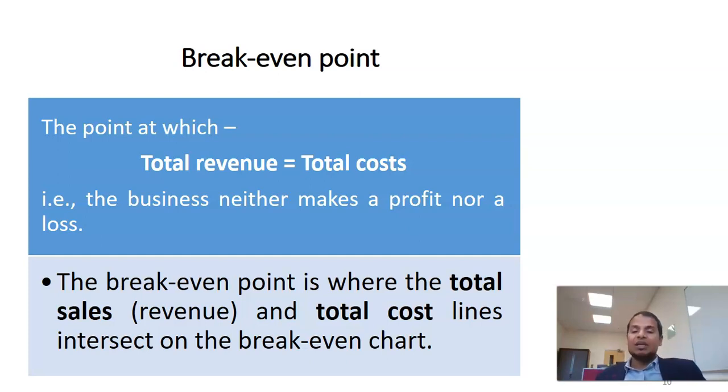That means it is the break-even point. And if you draw a curve, then you will see the total revenue and then the total cost curve. The point at which the curves intersect each other, cross each other, is the break-even point.